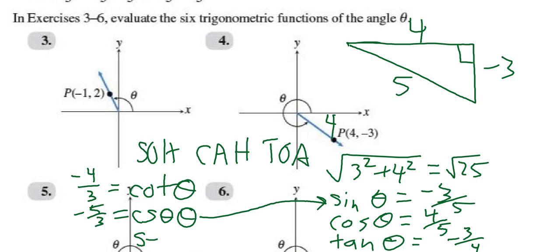And then secant. What's the secant? +5/4. Right? Because all you're doing is taking the cosine. You want the reciprocal of the cosine. Okay?